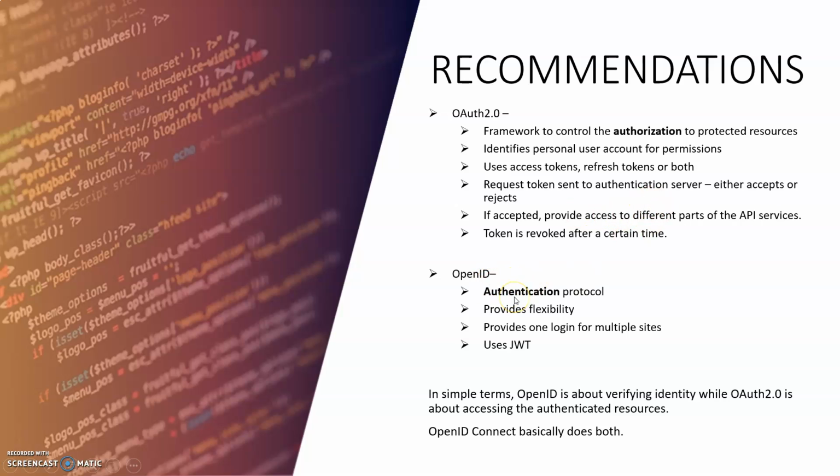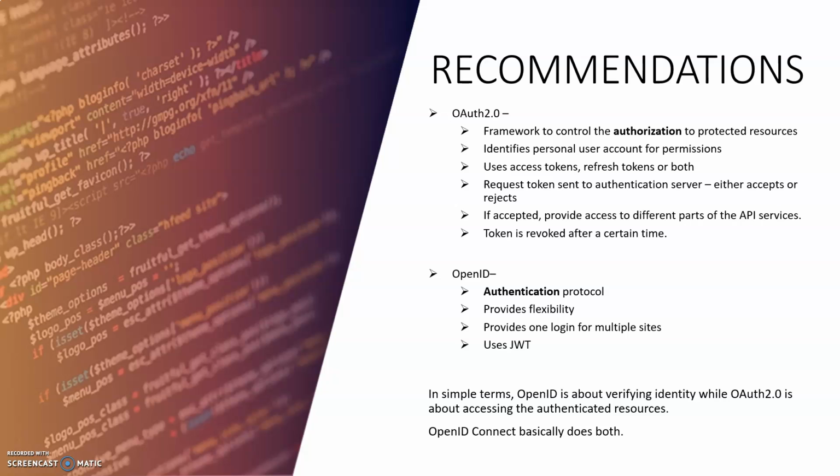OpenID is yet another protocol basically for authentication. This uses the JWT tokens for authentication, and until the token remains alive, the access to the sites is maintained. Basically, if we consider both the recommendations of OAuth 2.0 and OpenID, OAuth 2.0 is basically for authorization, which is a framework, and OpenID is for authentication, which is a protocol.